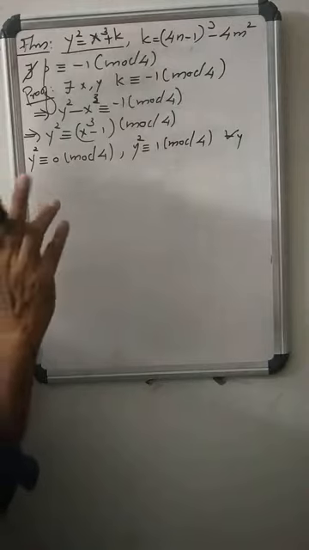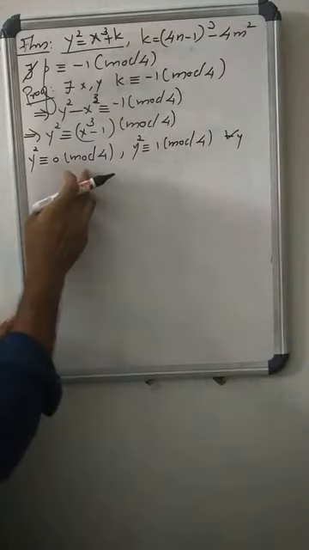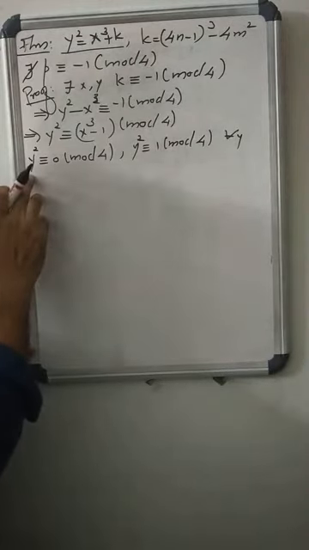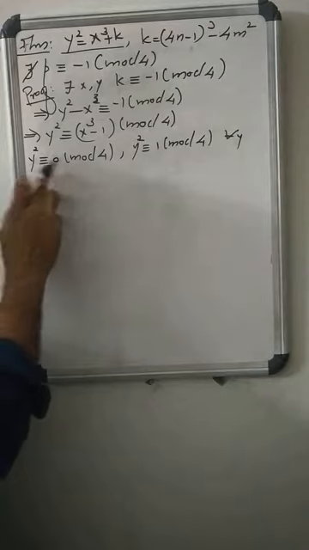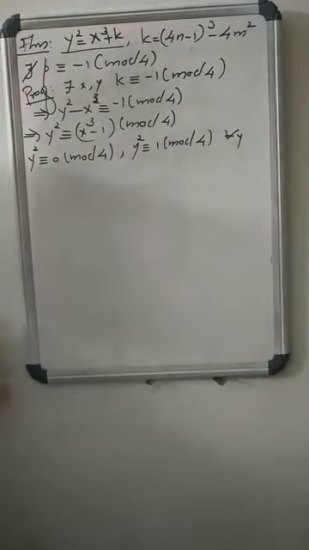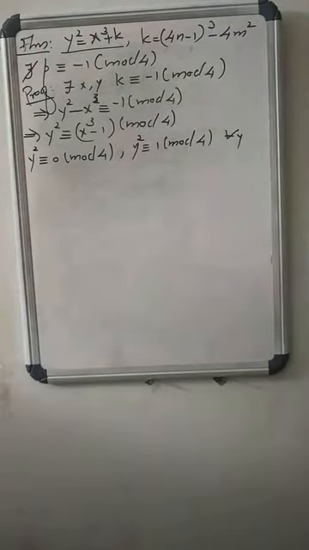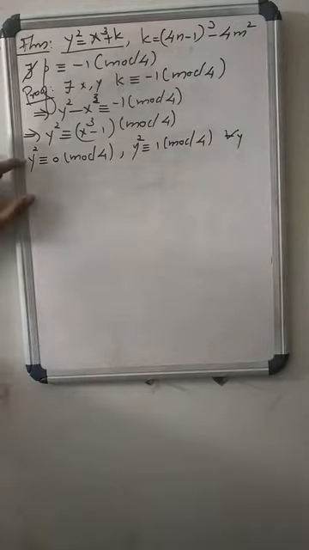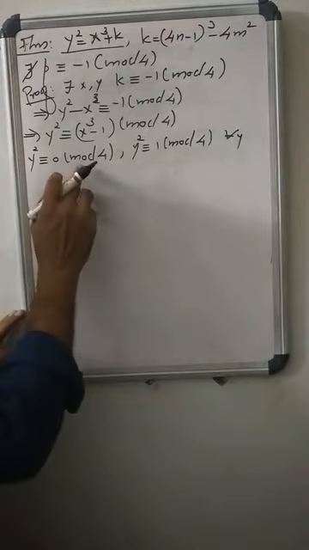When y equals 0, 0 is congruent to 0 mod 4. When y is 1, 1 is congruent to 1 mod 4.